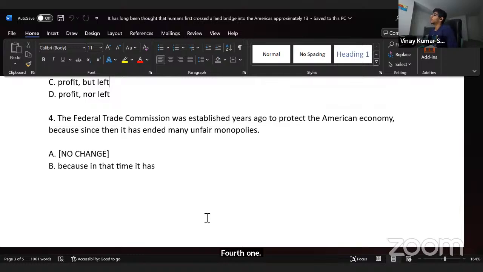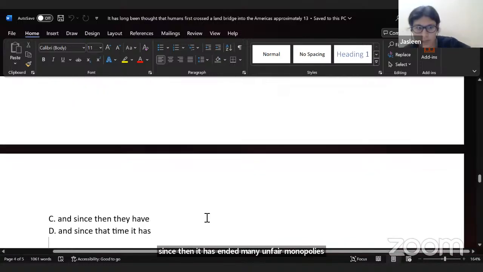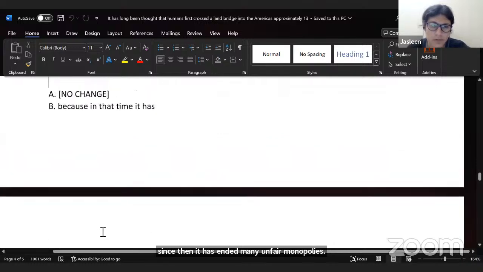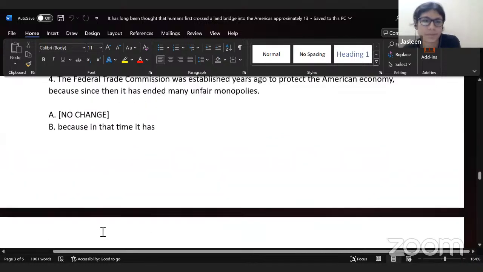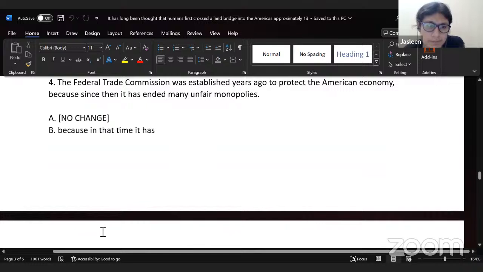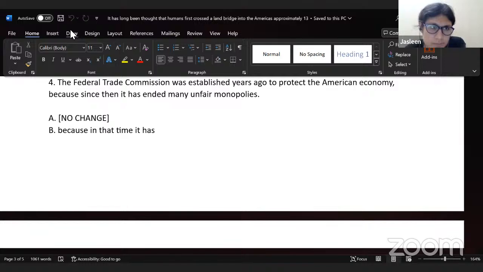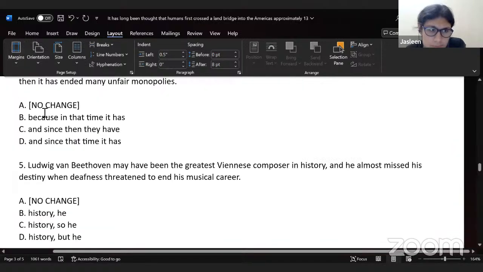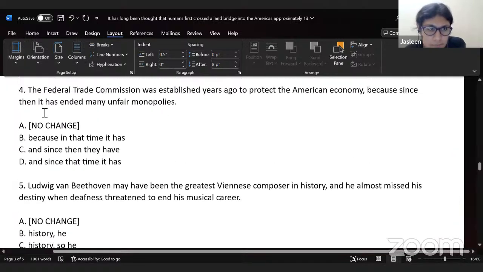Fourth one. The Federal Trade Commission was established years ago to protect the American economy because since then it has ended many unfair monopolies. So the two options are on this page and the rest two are over here. Yes.